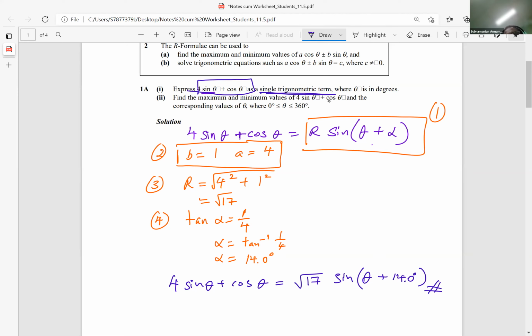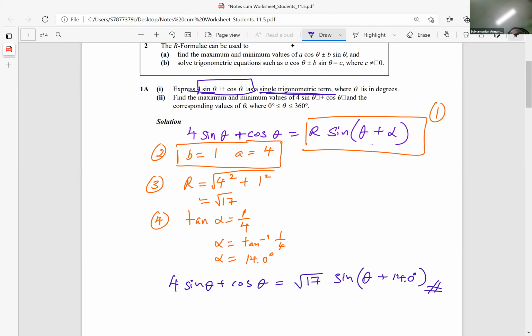I've already shown you earlier how from the addition formula you can simplify it, but going backwards is what we call the R formula. So you're doing the reverse, finding what angle plus what angle will give me this combination, 4 sine theta plus cosine theta. Are you with me?